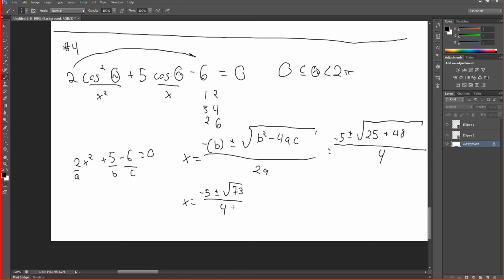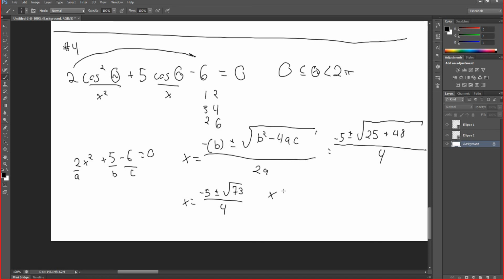And then from here you could use your calculator to get the values. I'm going to go ahead and skip that step. This would just be plugging it in exactly as you see it. I'm doing one as negative 5 plus square root of 73 divided by 4, and the second as negative 5 minus square root of 73 divided by 4.